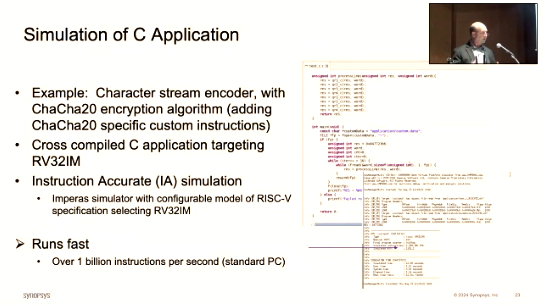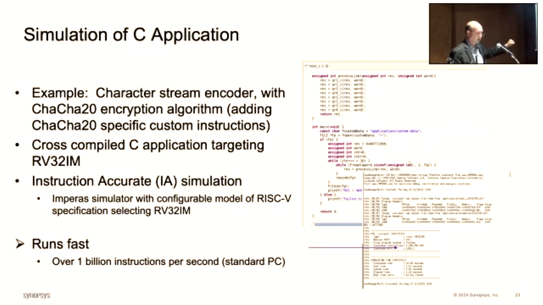Still, what we're looking at here with optimizing for a specific application is to look at bottlenecks in the flow, look at the number of instructions being executed. So here we are looking at the ChaCha20 encryption algorithm, and we are going to add some custom instructions for that.